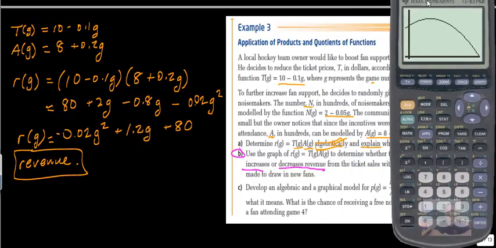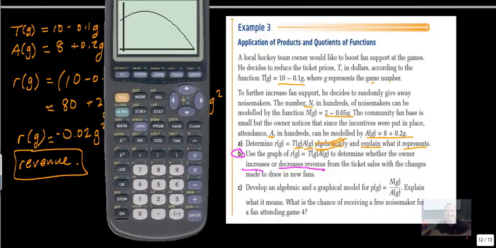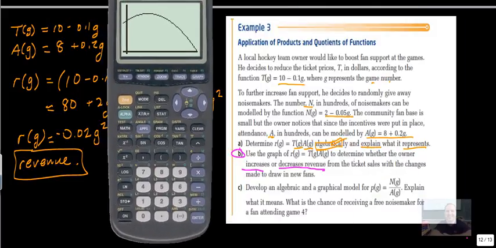Okay, so anyway, if we go back to this, what does it say? Develop a model, explain what it means. Oh, use the graph to determine whether the owner increases or decreases revenue from the ticket sales. Well, he's going to increase revenue, right, for a little while, but if he keeps it up, that is, if he randomly gives away noisemakers, obviously it's going to lose its effect, according to this model.